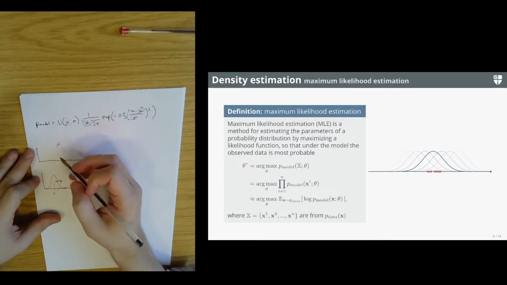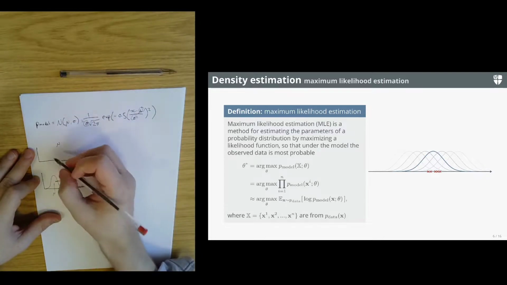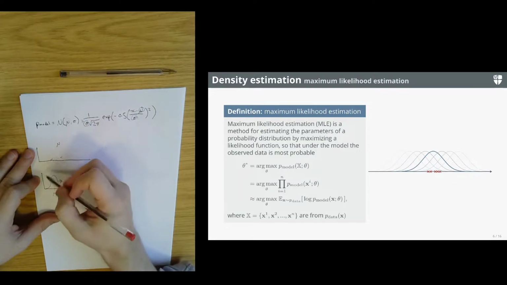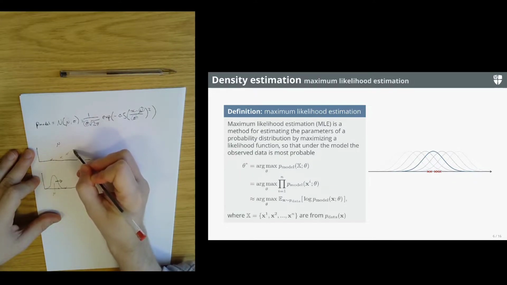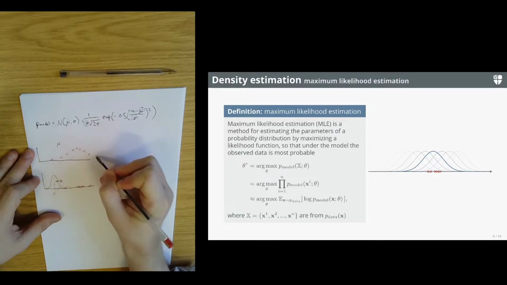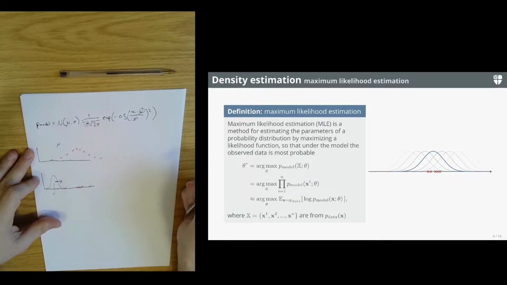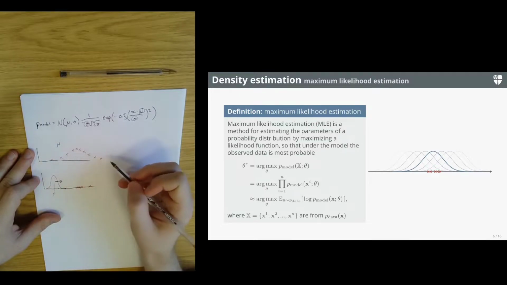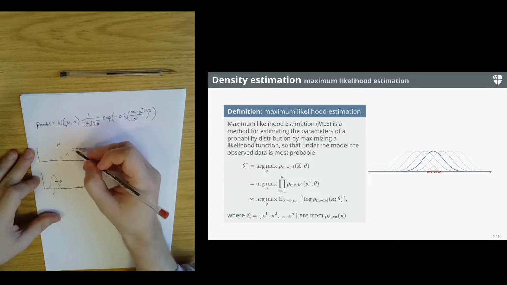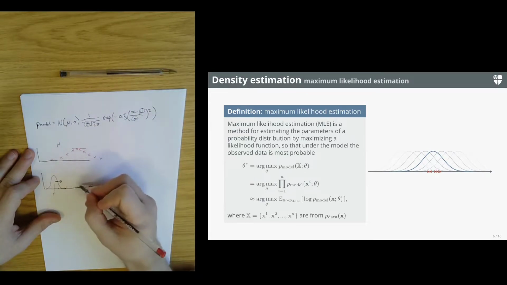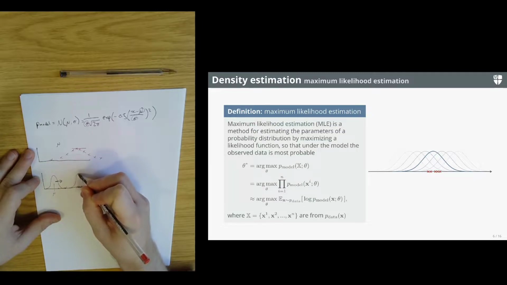For this place here it will be very low, and then as it slides over, the product of all the probabilities is going to increase, and then it's going to decrease again. Then we say that the maximum value of this function is where our mu should be, which corresponds to here, which means that the maximum likelihood in this case is here.